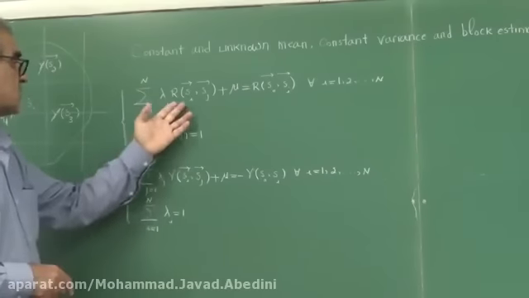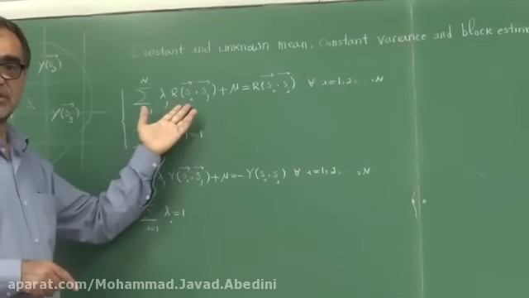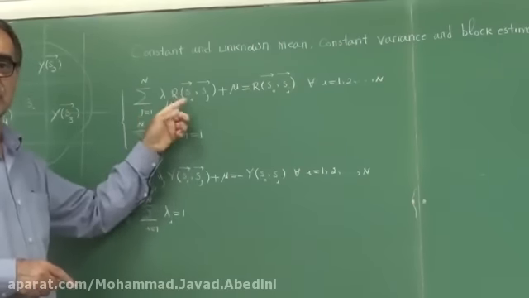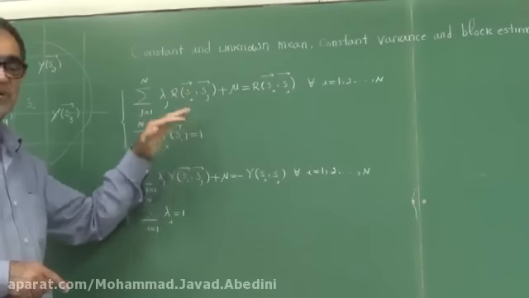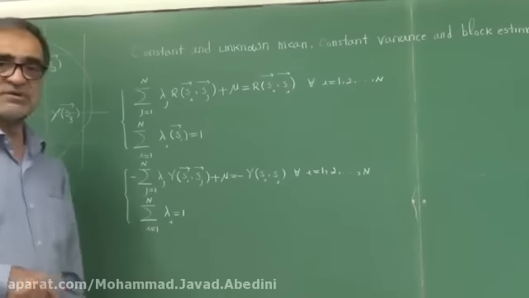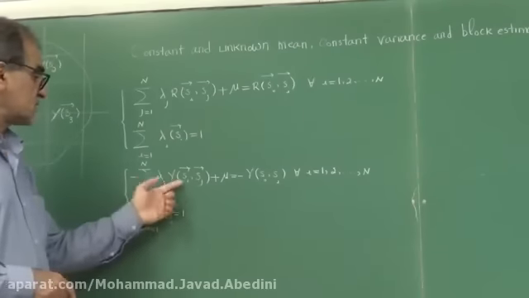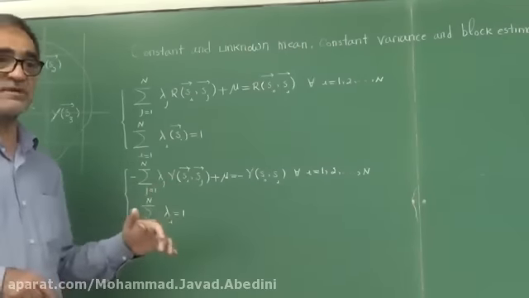because this has nothing to do with the block. This is point-to-point covariance function for your observation, and this is point-to-point variogram for your observation.